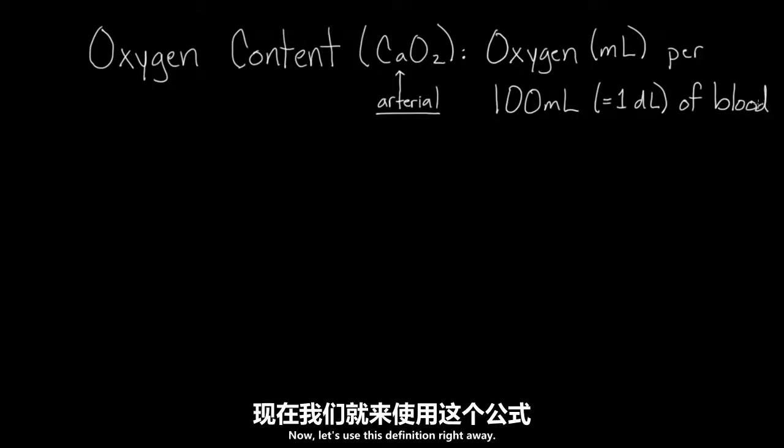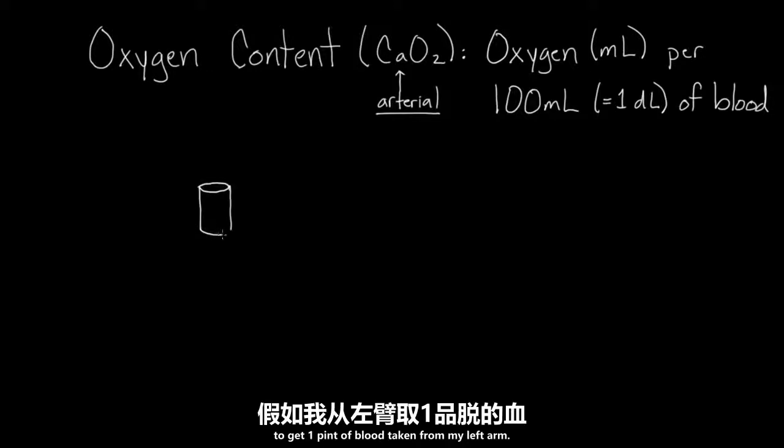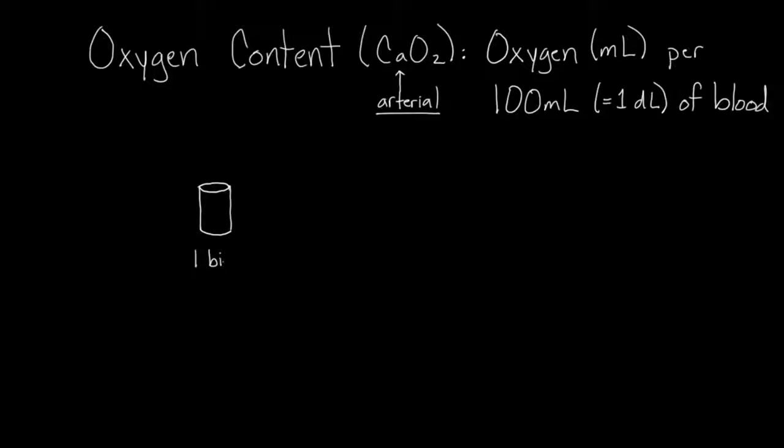Now let's use this definition right away. Let's see if you can think through this idea. Let's imagine I go down and I decide to get 1 pint of blood taken from my left arm. And this is my left arm.